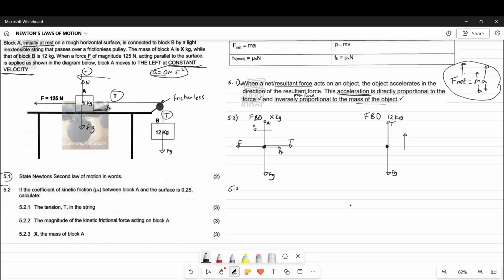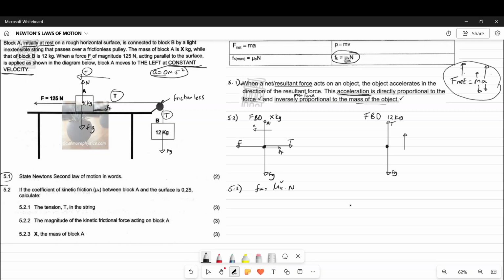Now 5.2 says that if the coefficient of kinetic friction, mu k, between block A and the surface is 0.25, calculate the tension T in the string. As you can see, there's our formula. They gave us mu k, and Fk is equal to mu k times the normal force.